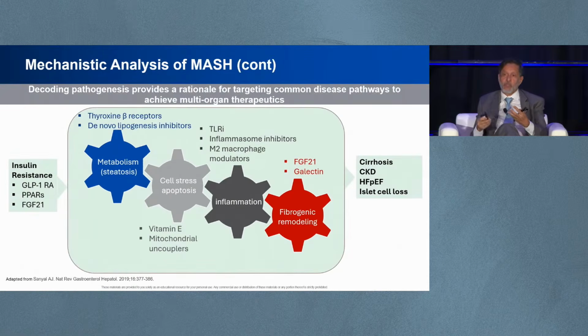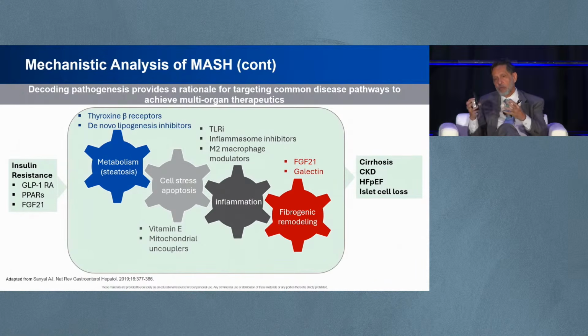Now, 2 points. First, it turns out the same mechanistic cascade plays out in the kidney in the form of chronic kidney disease, in the myocardium to lead to heart failure with preserved ejection fraction, and in the pancreatic islets, eventually leading to islet loss and type 2 diabetes.